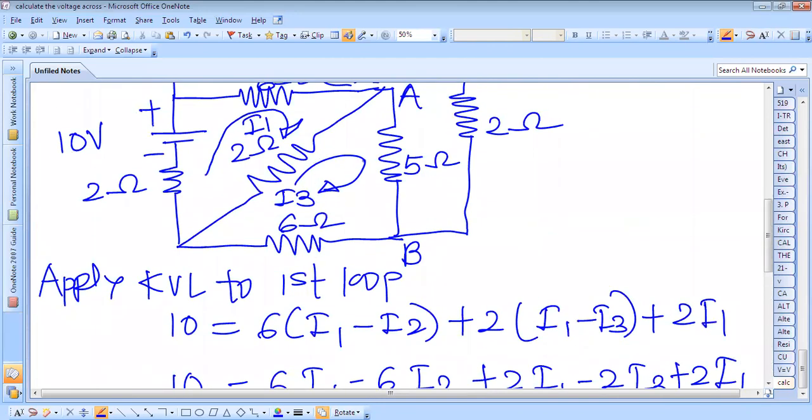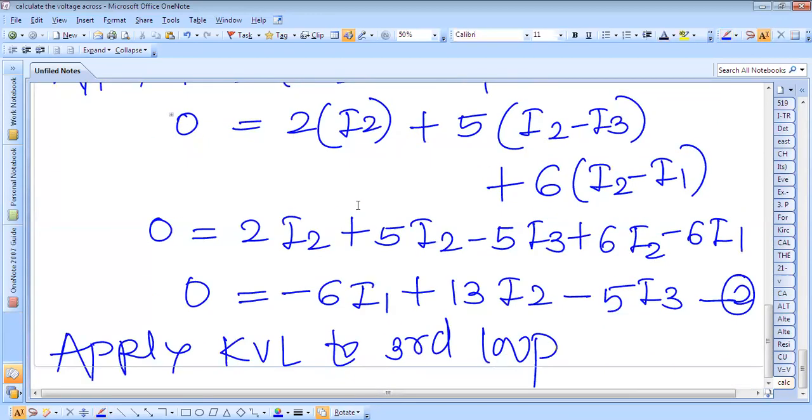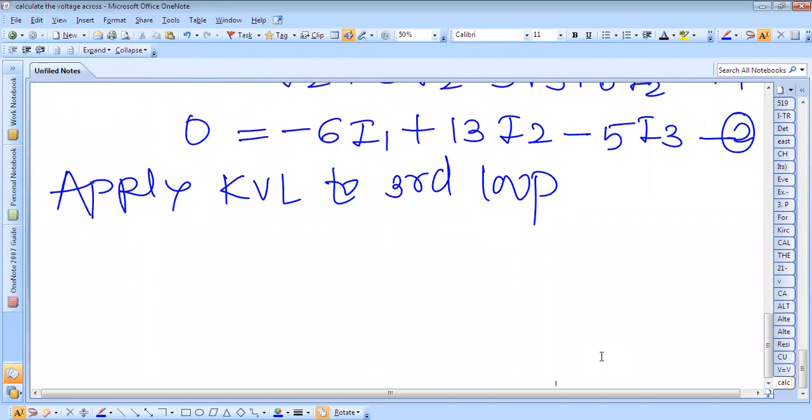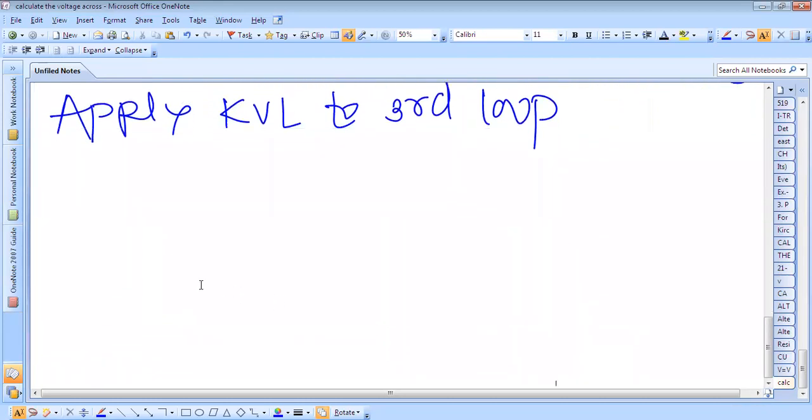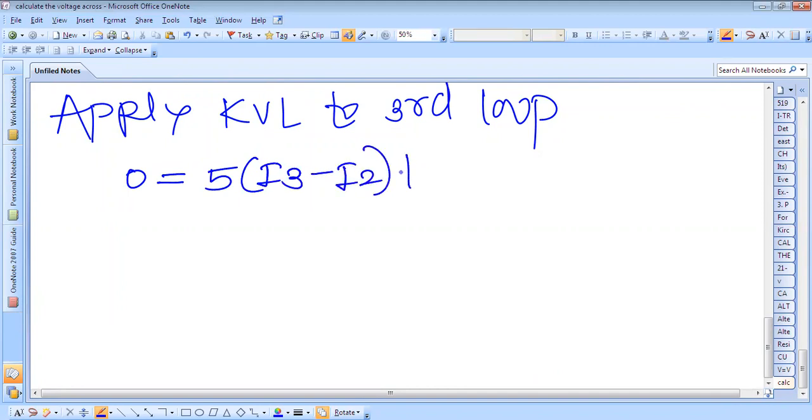So we'll apply the KVL to this loop, in which the current I3 is flowing. There is no voltage source in this loop. So 0 is equal to 5 into (I3 minus I2), plus 6 I3, plus 2 into (I3 minus I1).